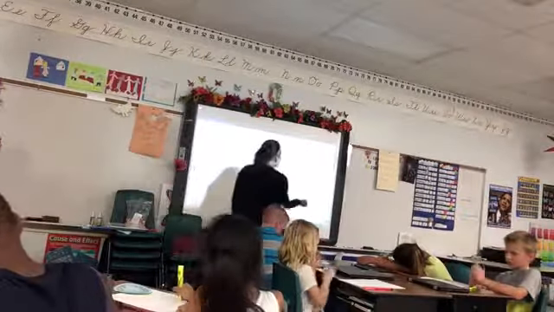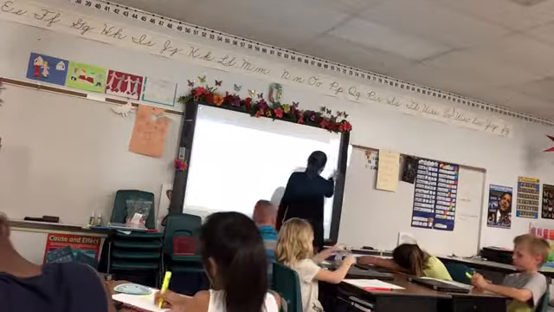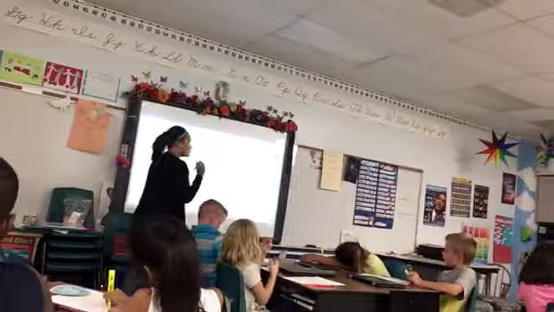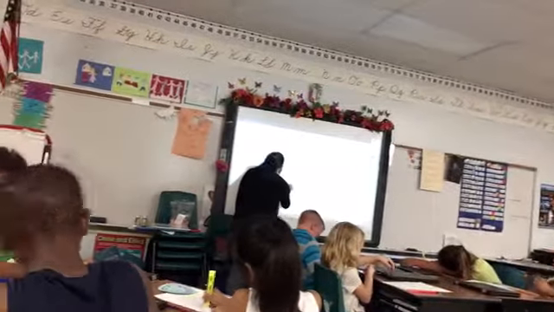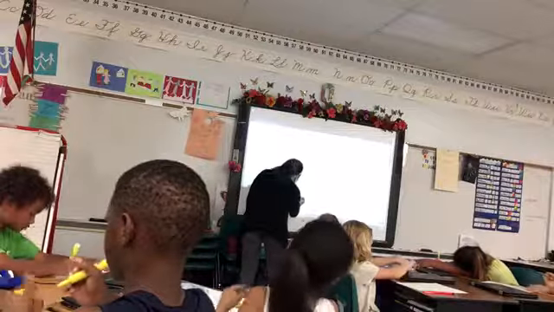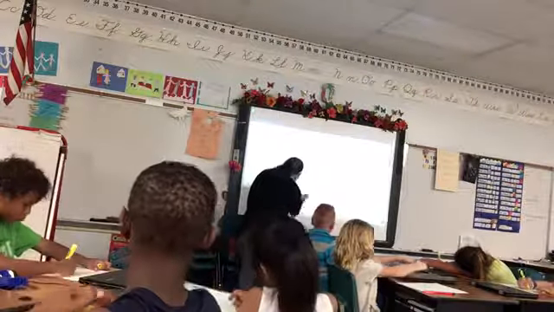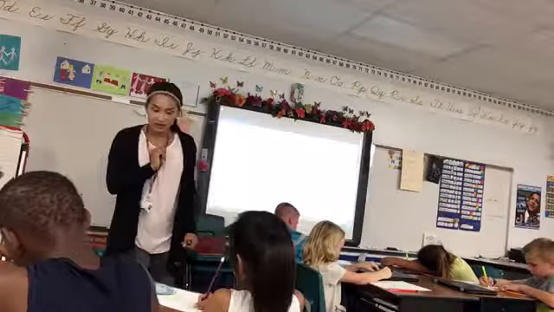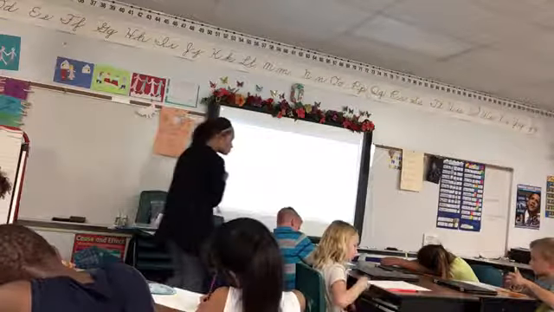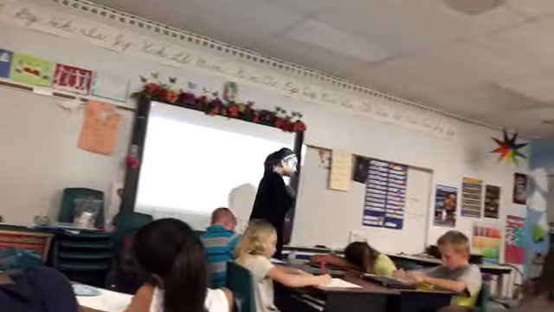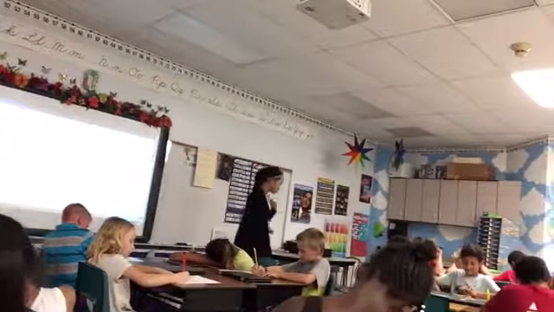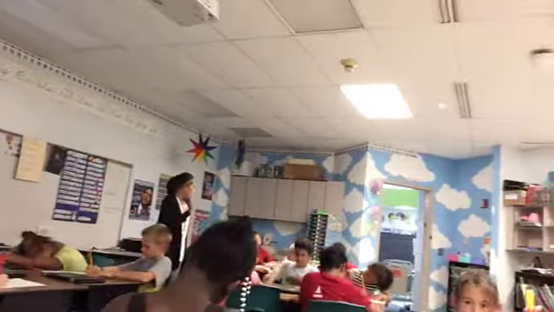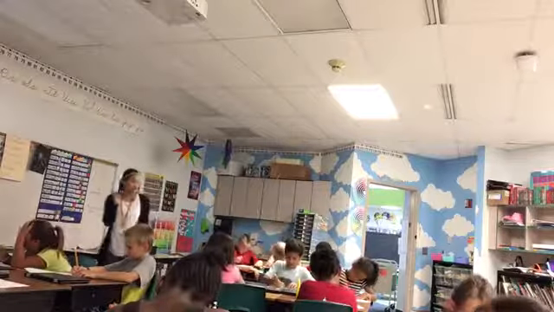So we're going to go ahead and draw how many rows? 7. So 1, 2, 3, 4, 5, 6, 7. How many rows are we drawing? 7. You're drawing 7 rows.